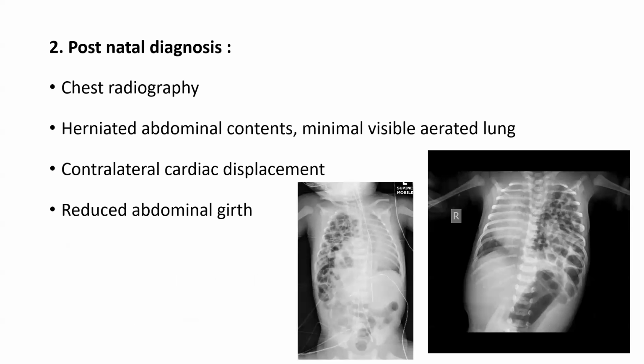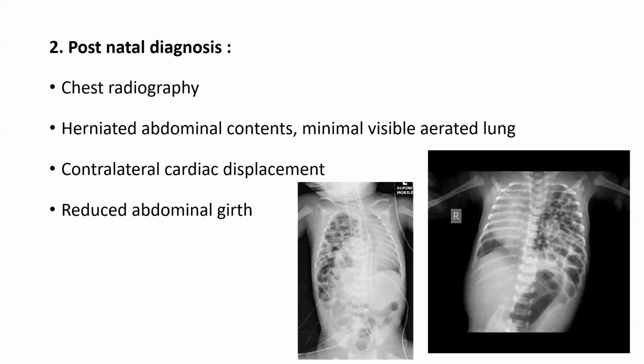In postnatal evaluation of hernia, the chest radiography indicates the herniation of abdominal organs, usually the intestines, characterized by air fluid containing structures in either the right or left hemithorax with minimal visible aerated lung on the affected side.